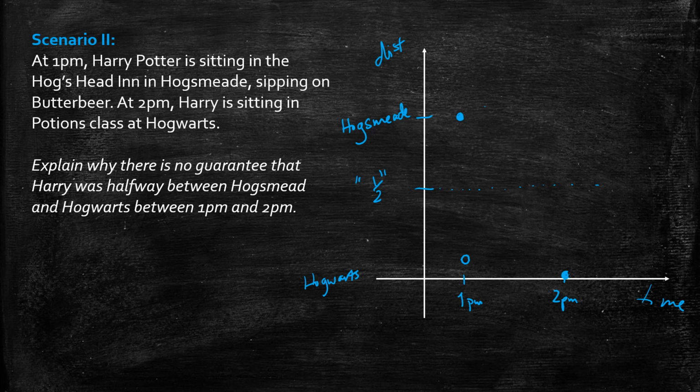They're both open, they're both closed because it happens instantaneously, but he's sort of somewhere in Hogwarts, somewhere near potions class. So at 2 p.m. he makes his way to potions class. So as you can see, the concept of the intermediate value theorem does not apply if the function is not continuous, as is the case for Harry Potter.